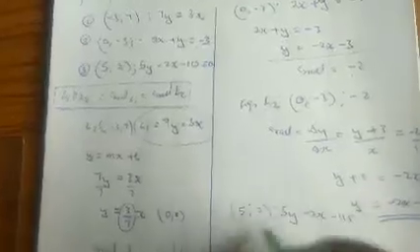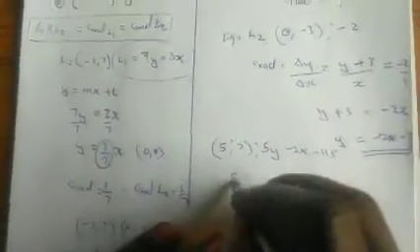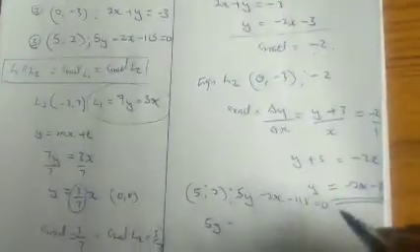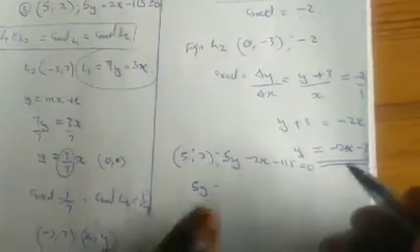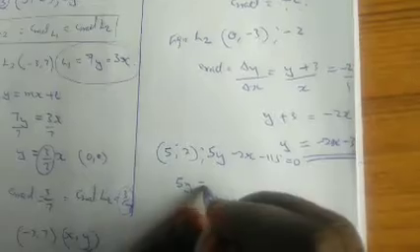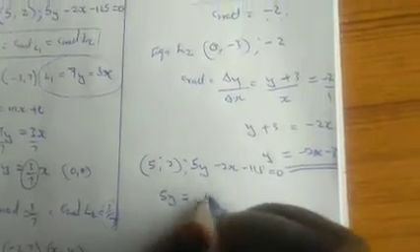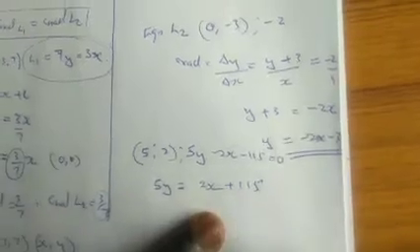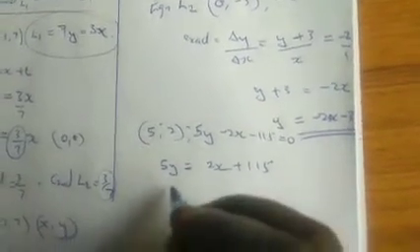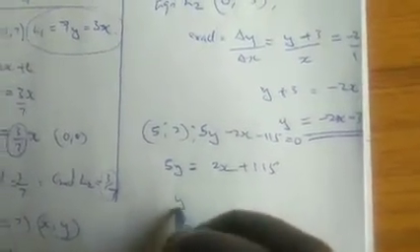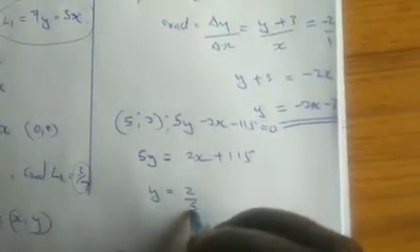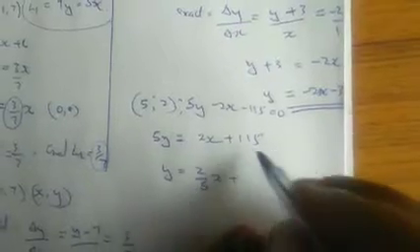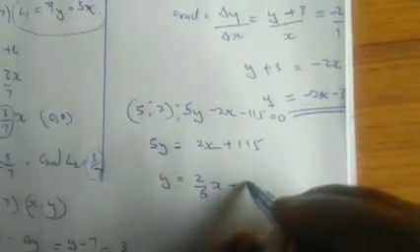We express this in the form y = mx + c, so that we have 5y = 2x + 115. Therefore, we divide both sides by 5, and y = 2/5 x + 23.